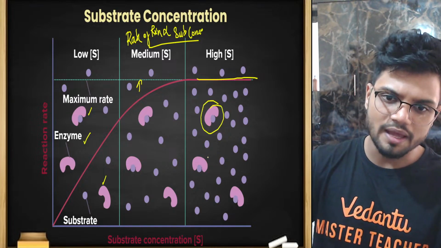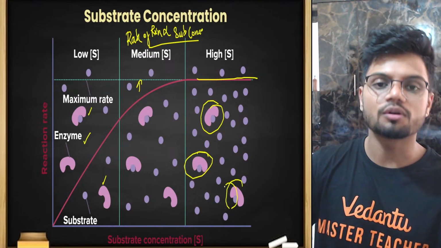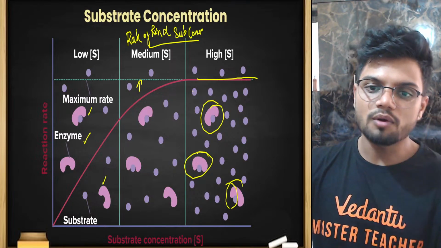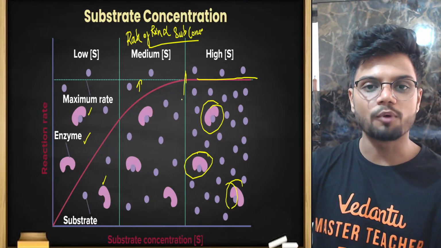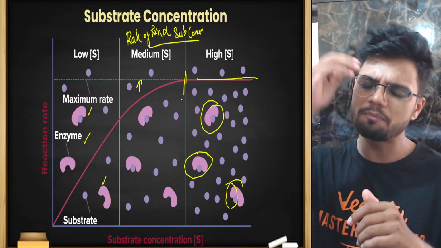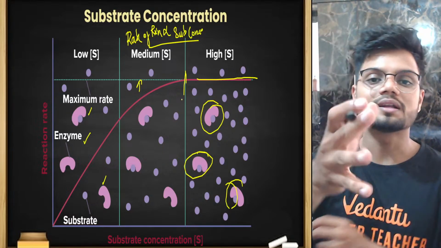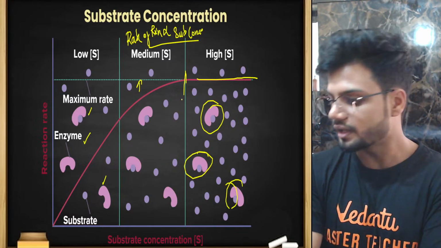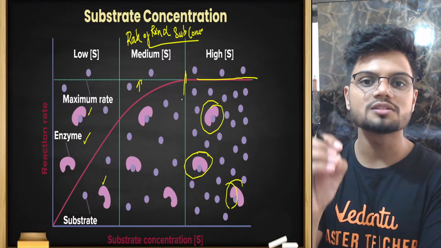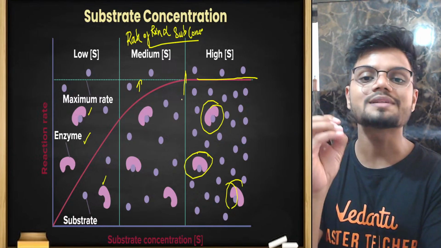Because all the enzymes are already covered. Binding is done. After one point, however much substrate you keep on increasing, even 100 times, the reaction will not go fast. After a certain point, the reaction becomes saturated.